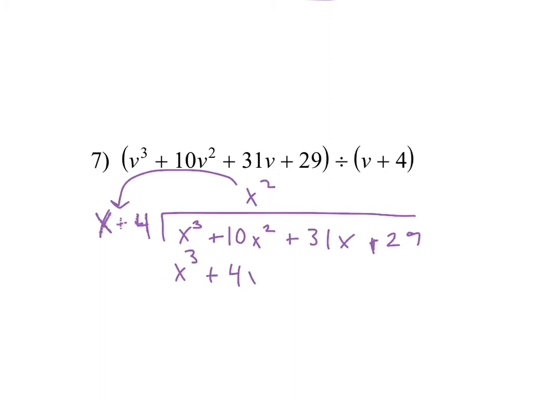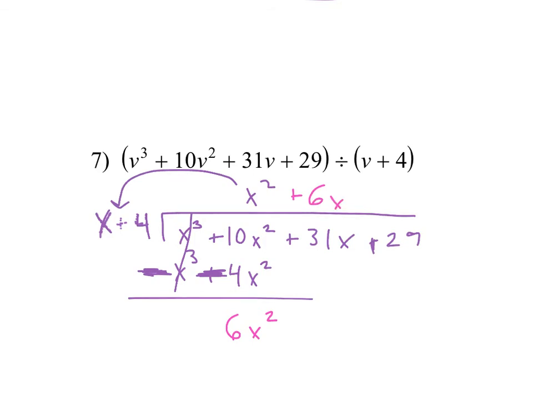What do we have to do next? Change the signs and add them together. What happens to our x cubes? They cancel. What is 10x squared minus 4x squared? 6x squared. So what times x gives us 6x squared? 6x.